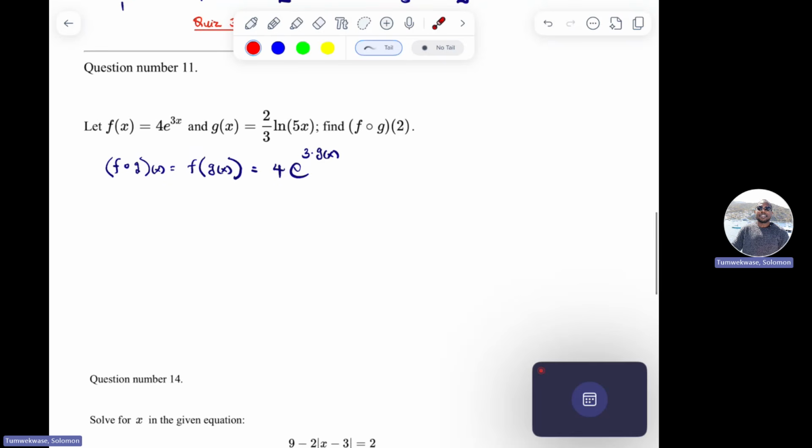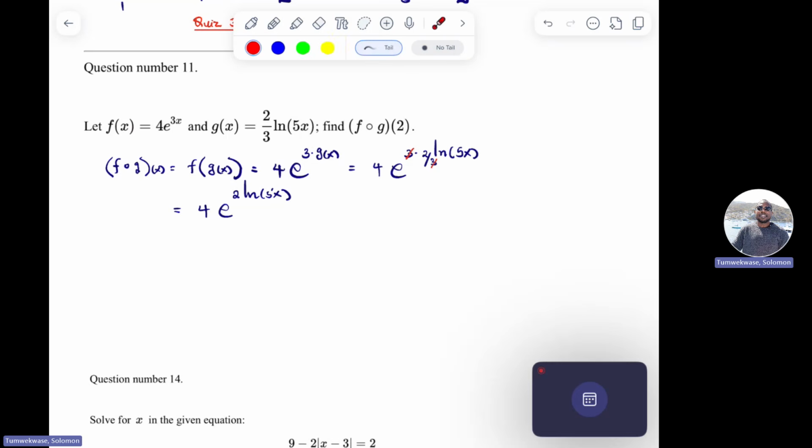Okay, so this is the same as 4e to the 3 times, but what is g of x? g of x is 2 over 3 natural log of 5x, and therefore this 3 can cancel, and when that 3 cancels, we have 4e to the 2 times natural log of 5x.